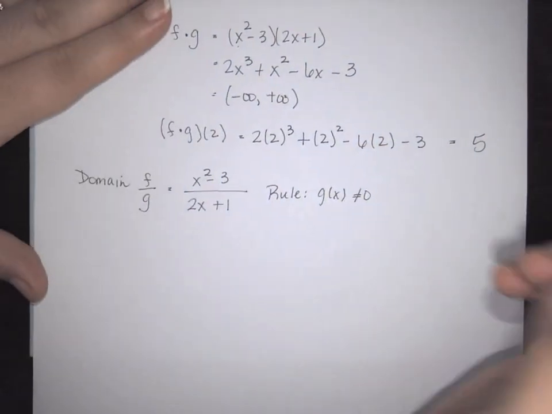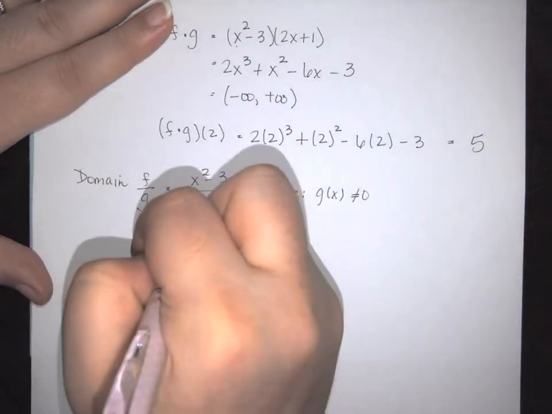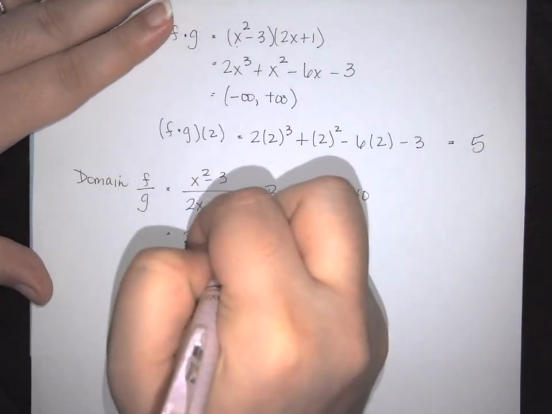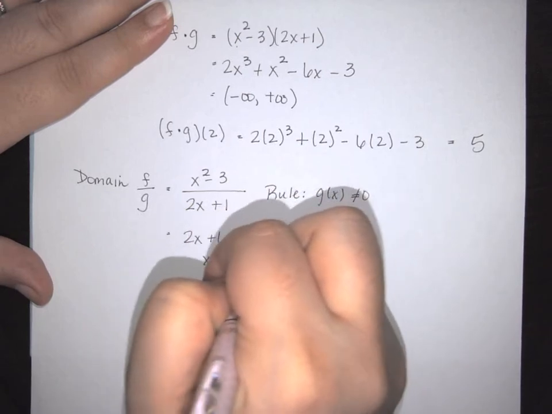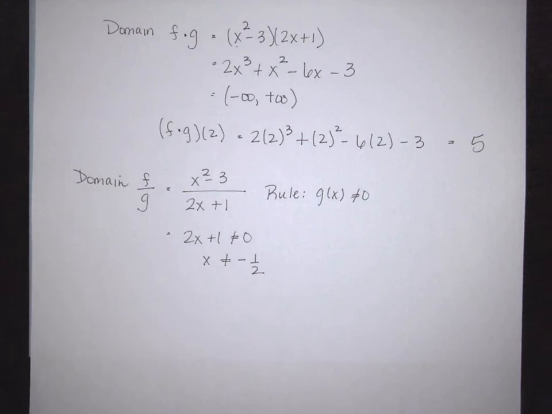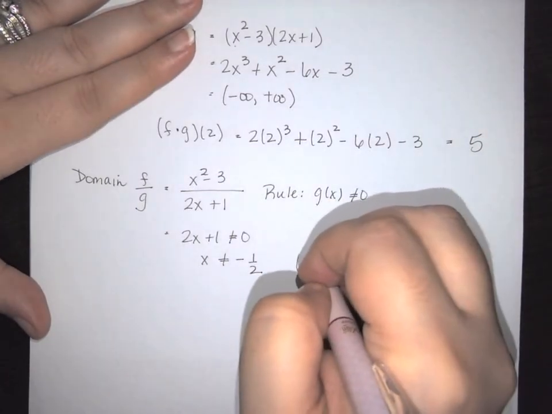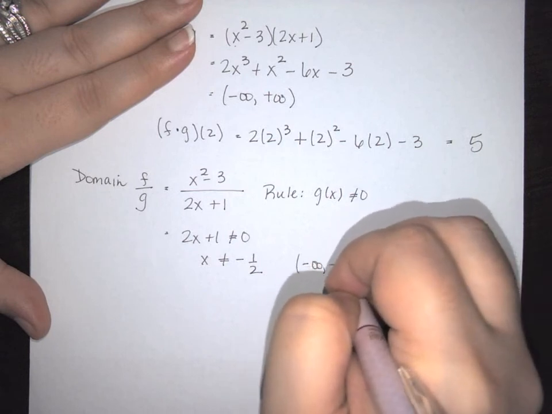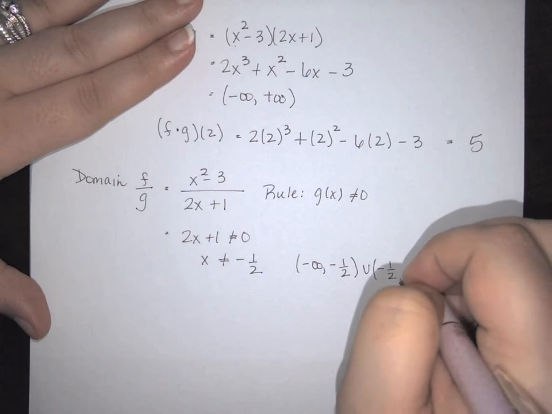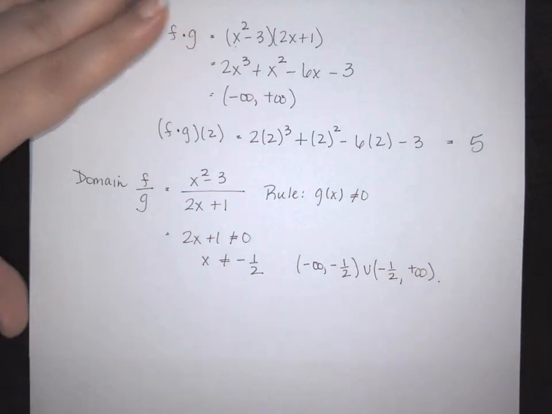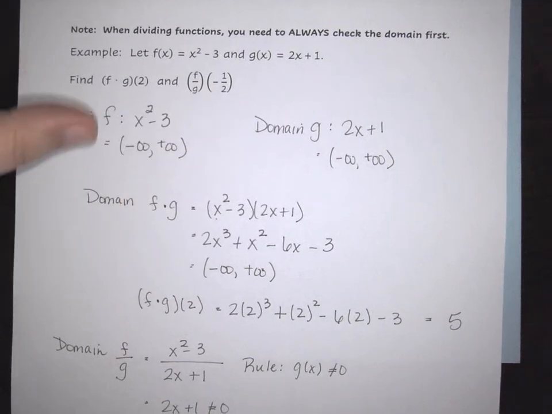So in order to find the domain, my 2x plus 1 cannot be 0. So x cannot be negative 1/2. Okay. Now what that means is that my domain is going to go from negative infinity to negative 1/2, union negative 1/2 to positive infinity.